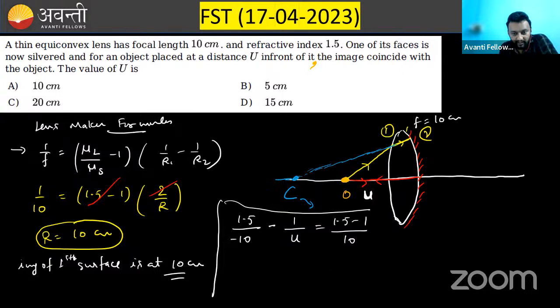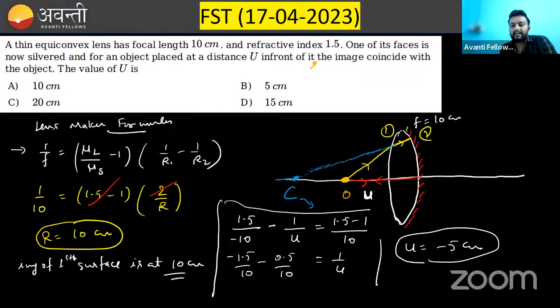So if I solve it, 1 by u equals minus 1.5 by 10 minus 0.5 by 10. Can you say it is minus 2 by 10? That is minus 1 by 5. So u is equal to minus 5 centimeter, where the minus sign indicates to the left and 5 is the magnitude. So which is the correct option? Which is option number B.